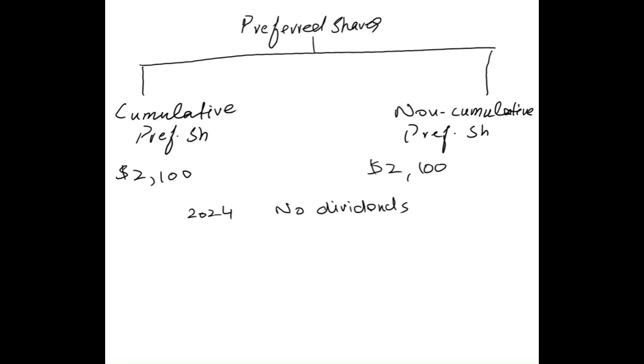For 2024, the company chooses not to declare any dividends. And then in 2025, the company chooses again not to declare any dividends. But then in 2026, the company declares the dividends.